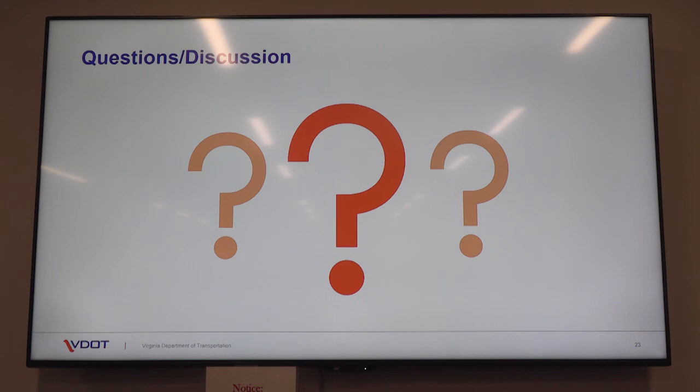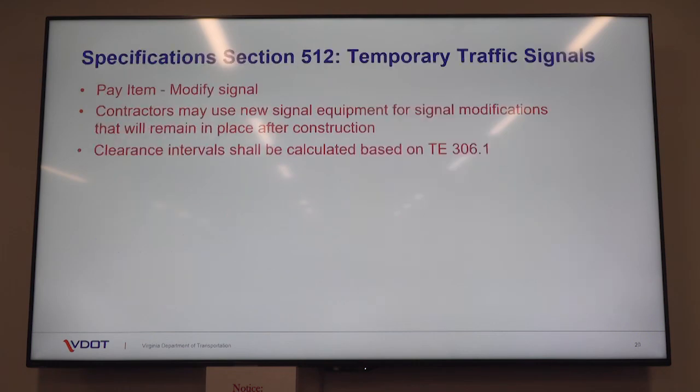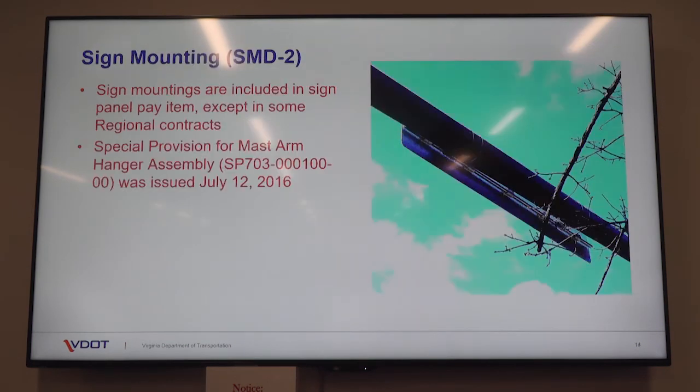Actually, there is one question we received beforehand, and it's about APS policy. And the question is, does an update mandate the replacement of non-APS push buttons on existing crosswalks when adding a new crossing at the same signal? So let me go back to the IIM.